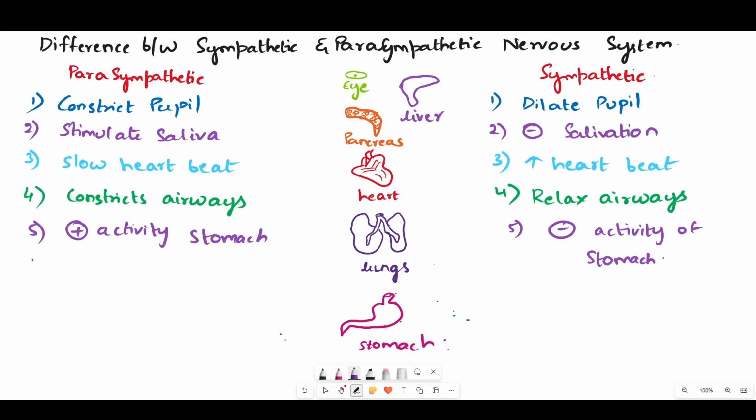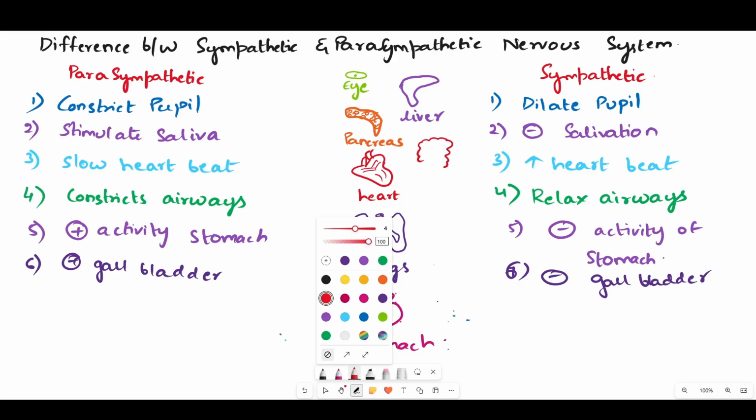So especially in the liver, the parasympathetic system will be stimulating the gallbladder, whereas the sympathetic nervous system will be inhibiting the gallbladder. Intestine portion.